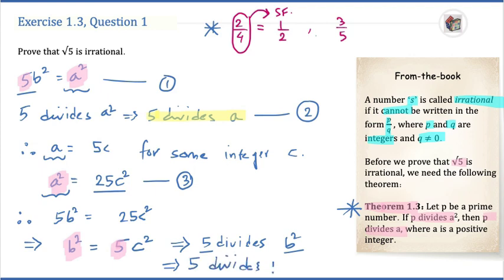So 5 divides b. Now let's call this equation number 4. We're almost near to the end now. All you need to do is focus on this second relationship and this fourth relationship. Let me just bring these two together and the one final point that we need to consider.